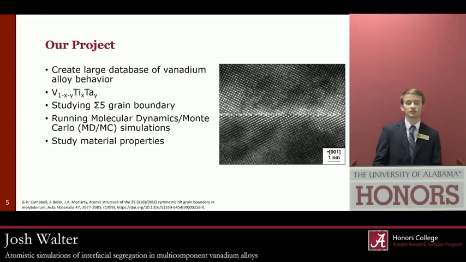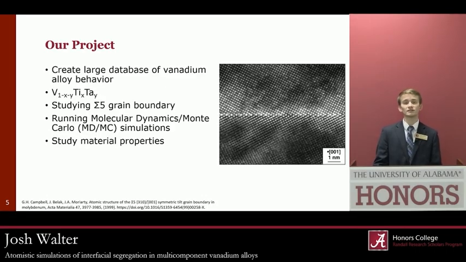So for our project, we're doing mostly all computational work right now. Our first goal is to create a large database of vanadium alloy behavior. We're studying, in particular, the vanadium, titanium, tantalum system. We'll vary the composition of the titanium and tantalum from 0.5% to 4% respectively, giving us a total of 64 different compositions to study.